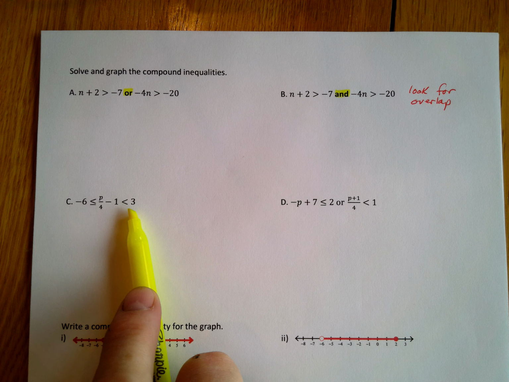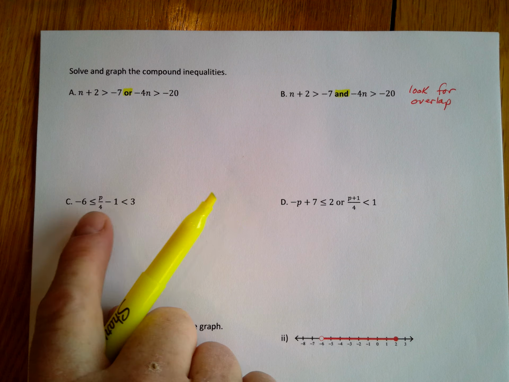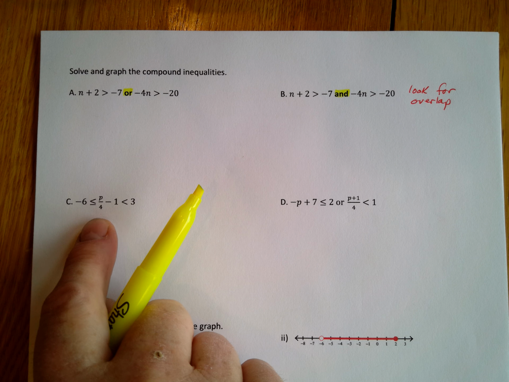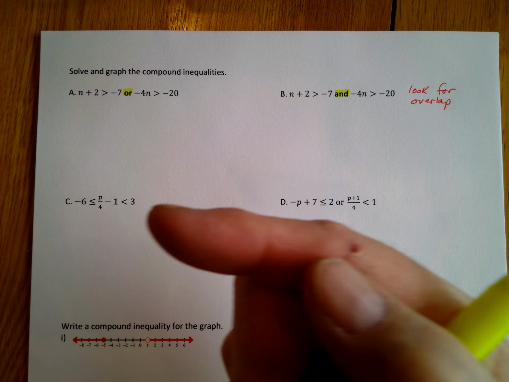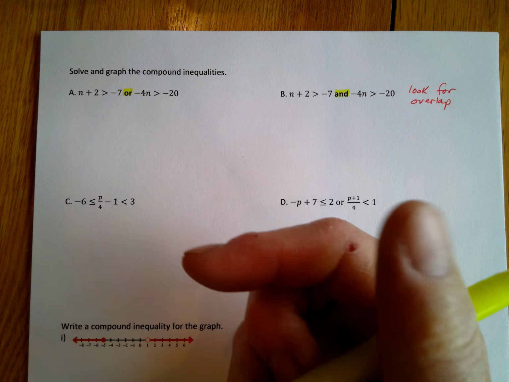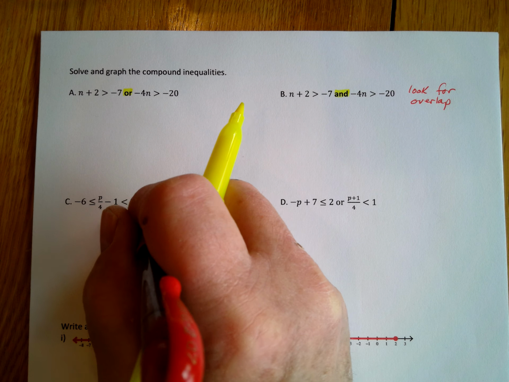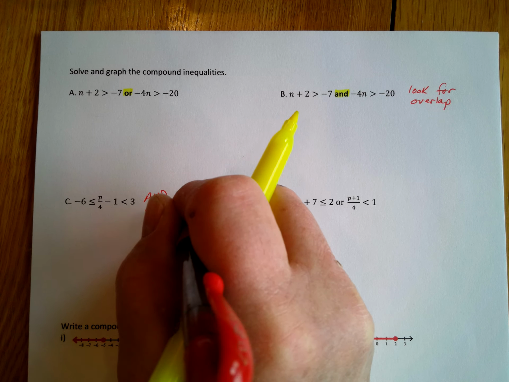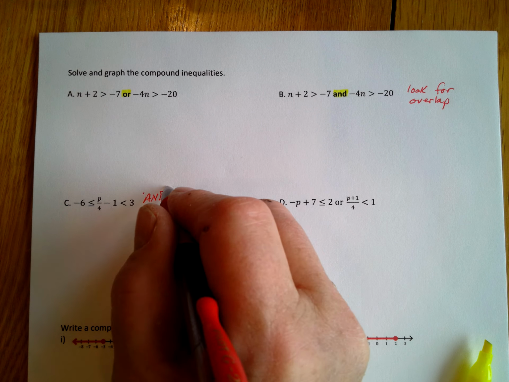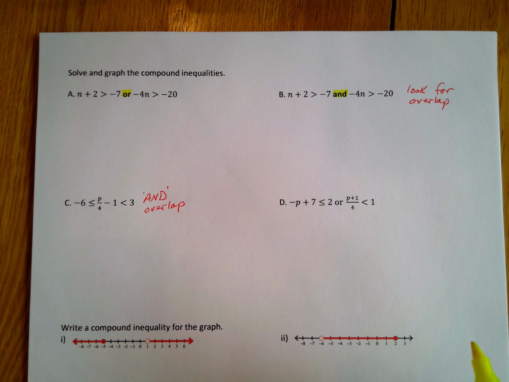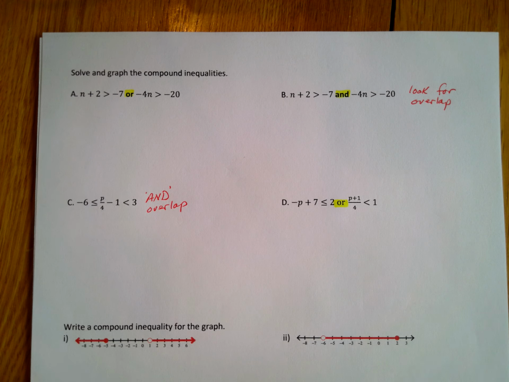This one doesn't tell me directly, like that one, but because it's got two inequalities pointing in the same direction, they're both pointing to the left, then we know that this is an and. Okay, and we need to look for overlap. And this one is an or. So let's get started. We know what we're doing now.